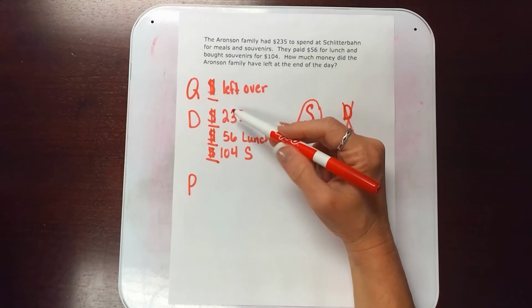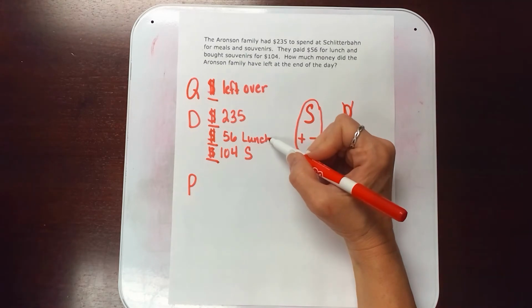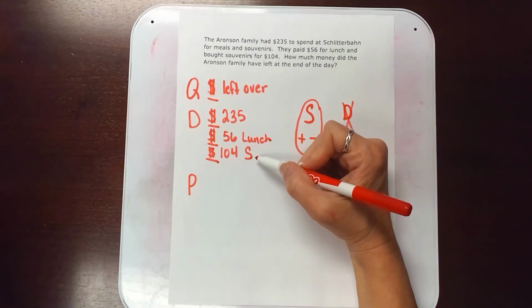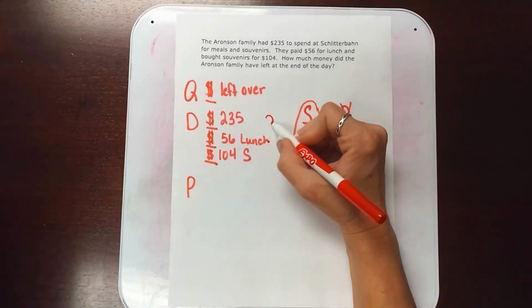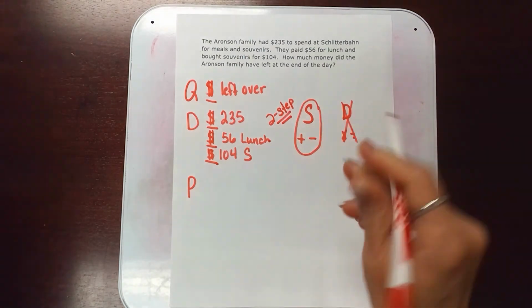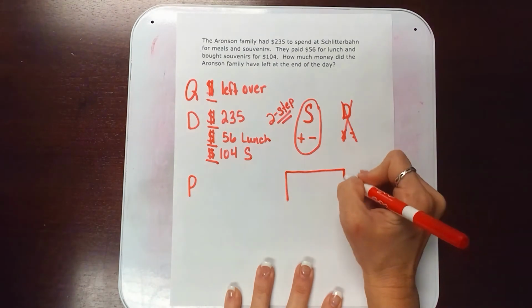So before I leave this part, I always talk to students and say, do I need to know they had a total of $235? Yes. Do I need to know they spent $56 in lunch? Yes. Do I need to know they spent $104 on souvenirs? Yes. So I need all of this information. So that tells me this is a 2-step problem. So then we can draw our picture.